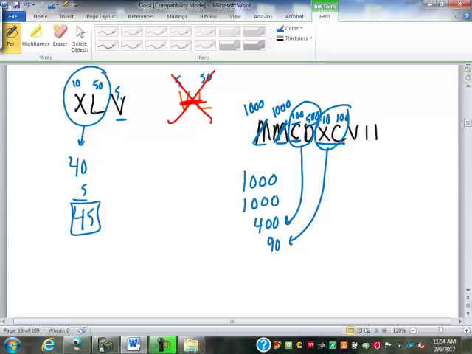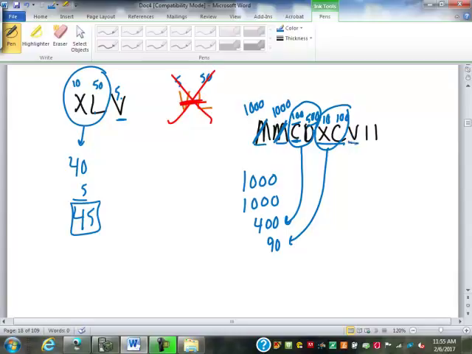Well, again, they tended only to go one level of magnitude down. So from the M and the D, from the 1,000 and 500, they would only subtract the hundreds. From the 100, they would only subtract the tens. They wouldn't subtract a 1 from 100. So for a 99, they would not do IC and subtract 1 from 100. They would only subtract tens from the 100s.